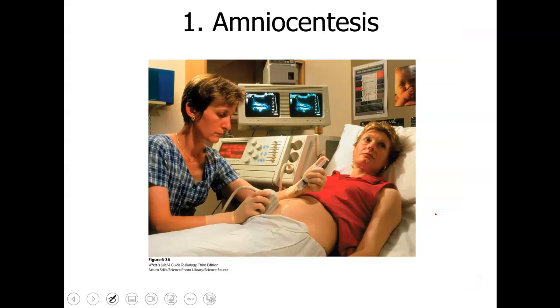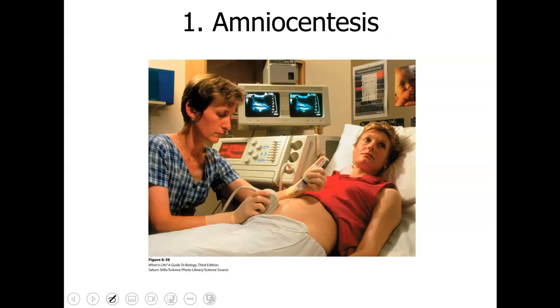One way to test the baby's genetic information is a process called amniocentesis. They use an ultrasound, and they watch as they insert a needle through into the amniotic sac.